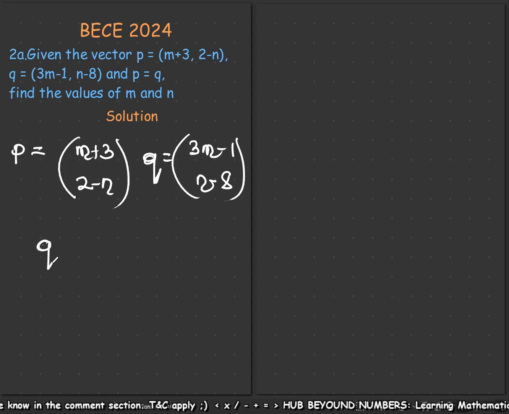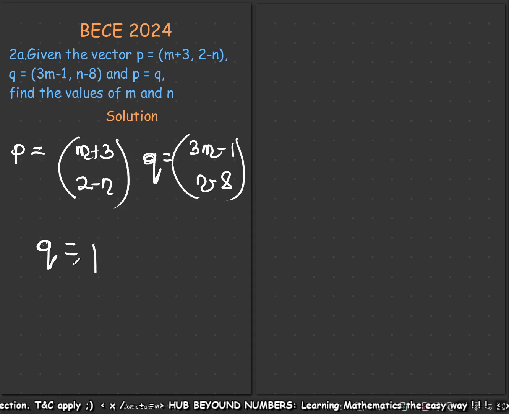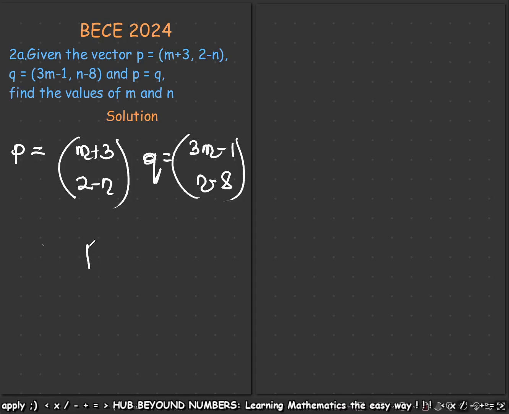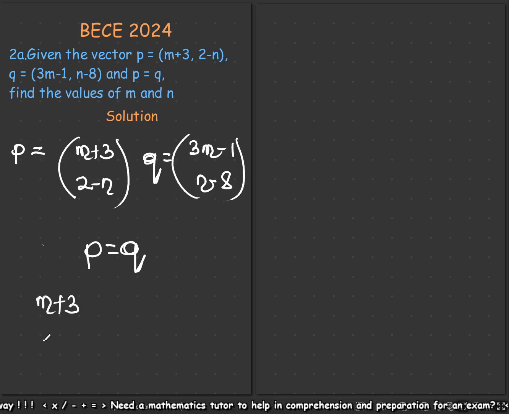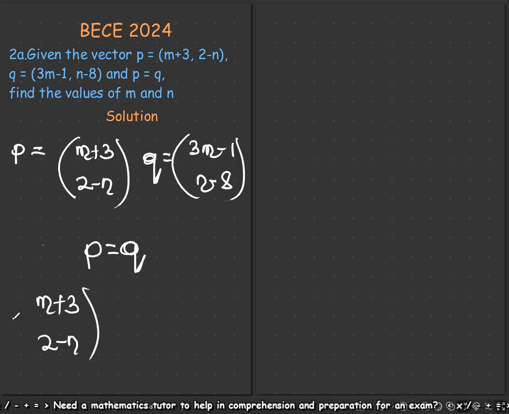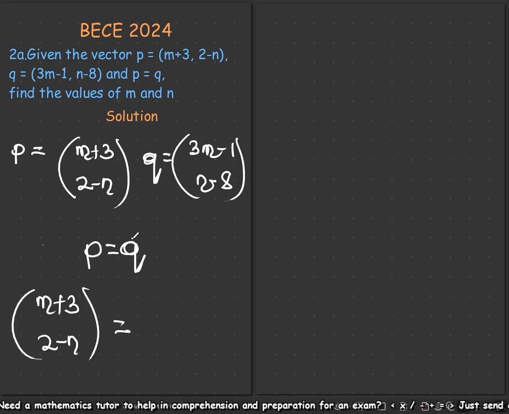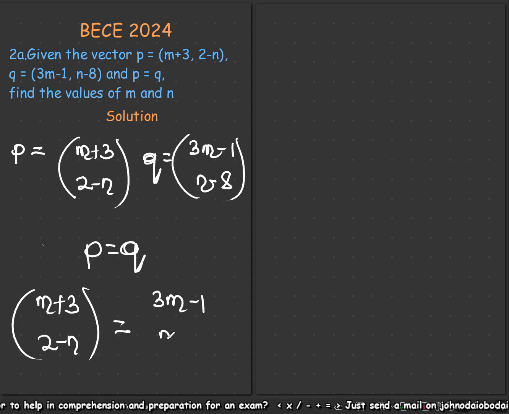Now, we are being told that p is equal to q. This requires us to write an equation in terms of this coordinate and this coordinate over here. And that is p, which is (m + 3, 2 - n), is equal to q, which is (3m - 1, n - 8).